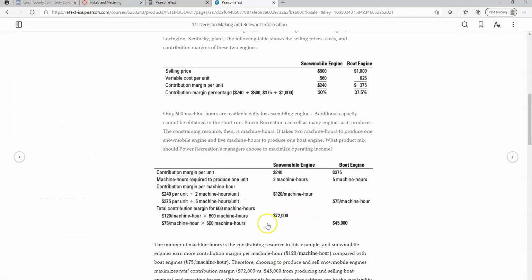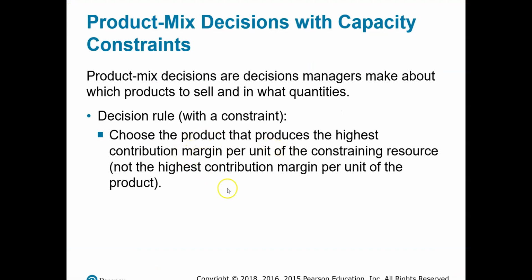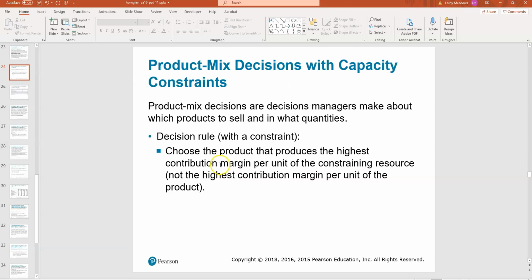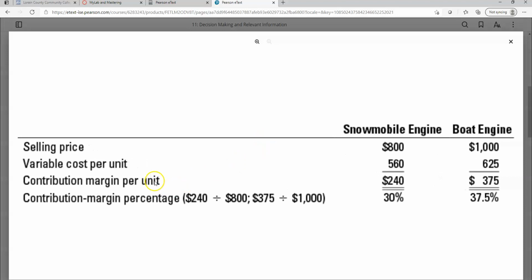So that is the focus of where we want to be when we're looking at the highest contribution margin per unit of the constraining resource, not the highest contribution margin per unit of the product. Because, let's go back to our example here, if we just look at contribution margin percentage per unit, we would favor the boat engine because it has the highest contribution margin percentage.